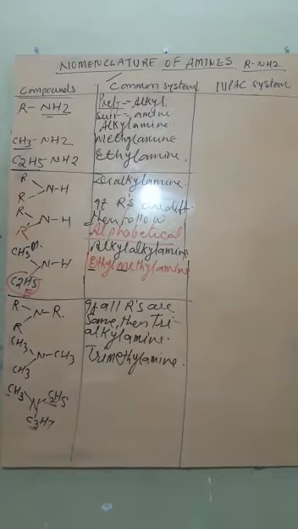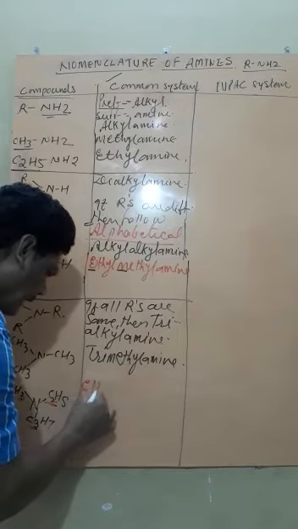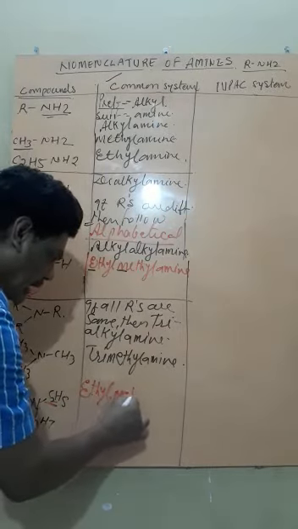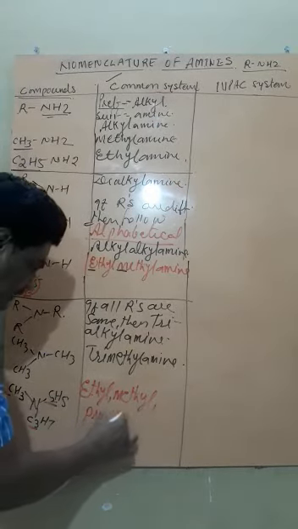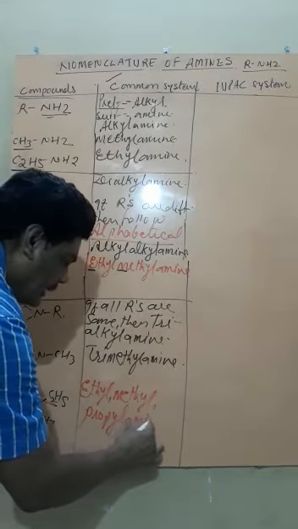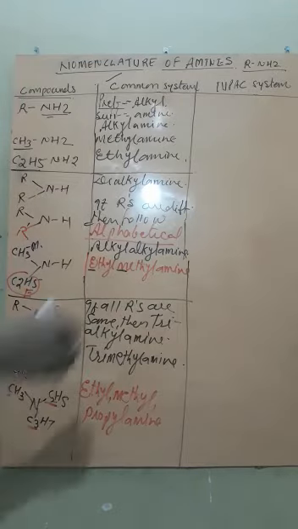On that basis, first comes ethyl, then methyl, and then propyl, and amine. So ethyl methyl propyl amine. This is about the common nomenclature system.